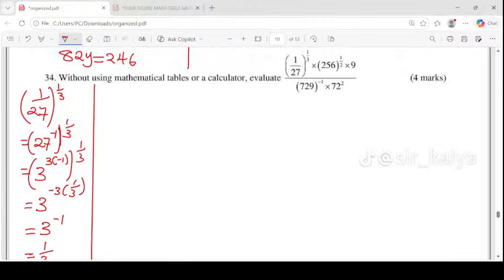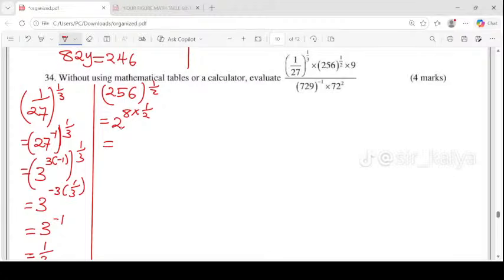Then we have 256 raised to the power of a half. When you look at 256, this is just like saying 2 power 8. This is like saying 2 power 8 times a half.